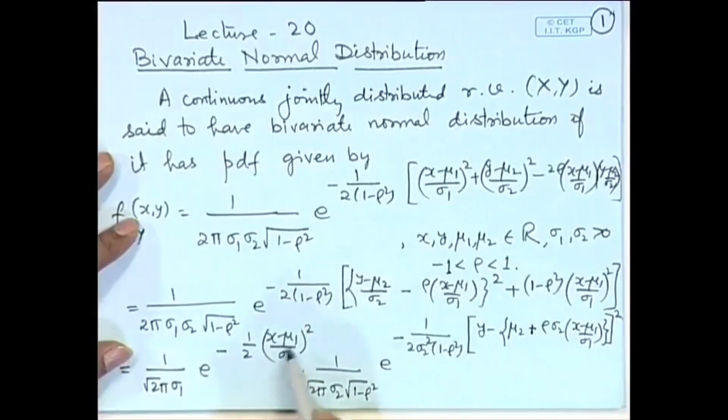You can see here that the first term is a normal density for x and the second term is a normal density for y.